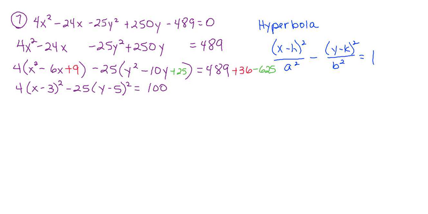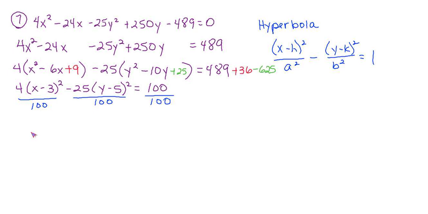Now, to get it in the right form, I'm going to need to divide everything by 100. When I divide through by 100, it gives me 1 on the right, which helps me figure out what a squared and b squared would be.